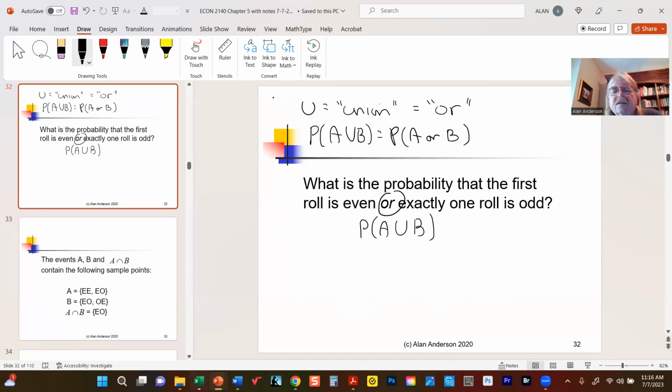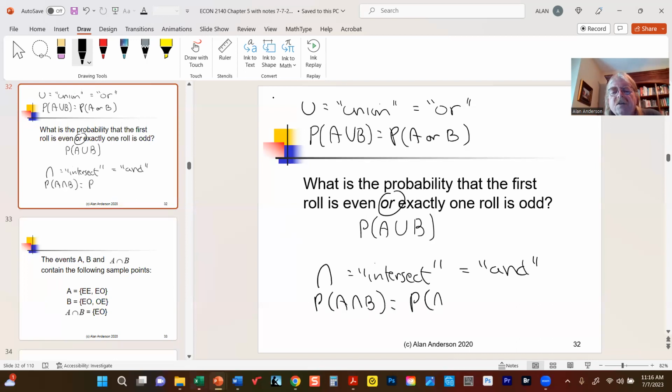And while we're at it, intersect is equivalent to the English word AND. Again, some books actually do write the word AND here. I guess they figure you have to memorize the symbols, but you know what it means when you see the word AND.